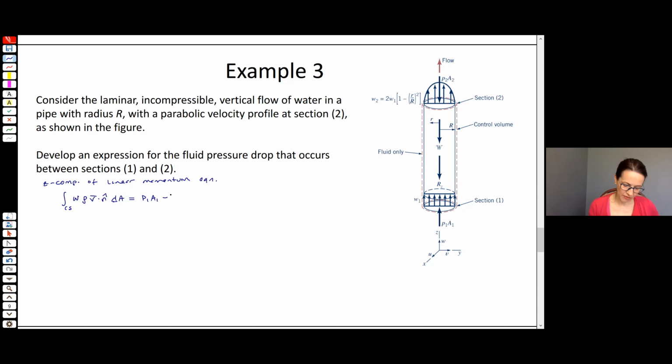And then we've got that friction force RZ, which is clearly pointing down, so that gets a negative sign. We've got the weight of this water column, which is clearly pointing down. It also gets a negative sign. And then because the pressure always acts inwards, the pressure force at section 2 also gets a negative sign. Call that number 1.